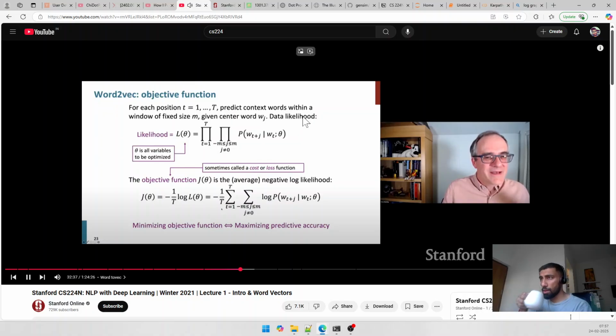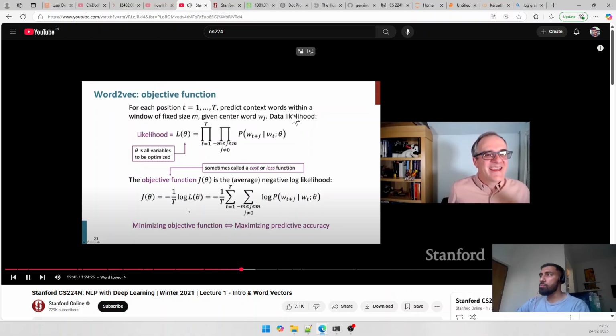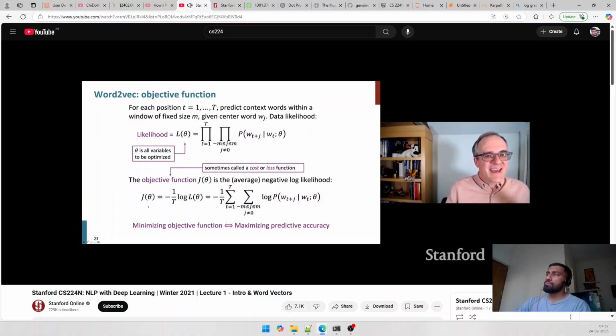And finally, for no particular reason, we like to minimize our objective function rather than maximizing it, so we stick a minus sign in there. By minimizing this objective function, J of theta, we maximize our predictive accuracy.